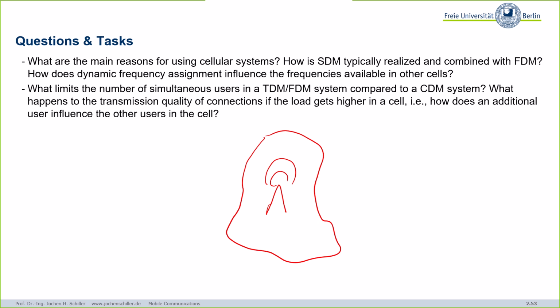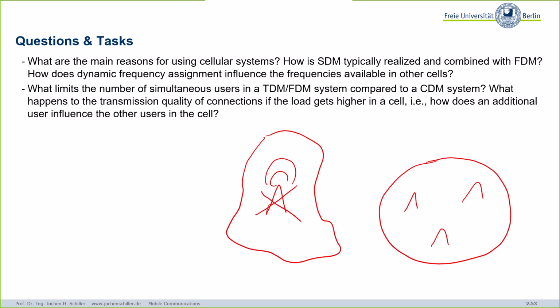Okay, robustness. Very good point is robustness. The problem is if you have a failure in this central base station, that's it. That's it for the mobile phone network. So if we have in a certain region many of these base stations, they usually have some kind of overlapping coverage like this. And then sometimes we have a so-called umbrella cell, and the umbrella cell covers the whole region.